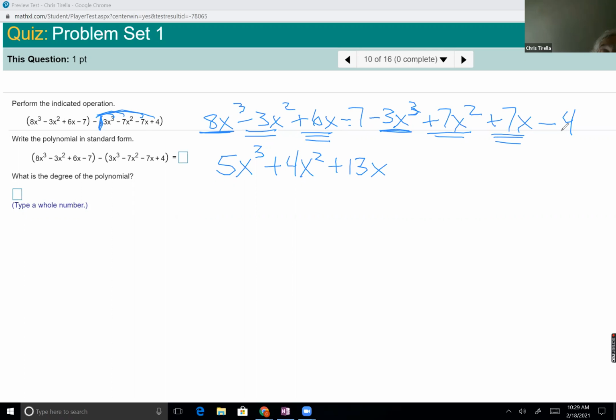And then -7 minus 4 is -11. Again, just make sure that you distribute that -1, which has the net effect of changing every sign on that polynomial that's in parentheses behind the subtraction. Then in order to subtract, we want to change it into adding the opposite.